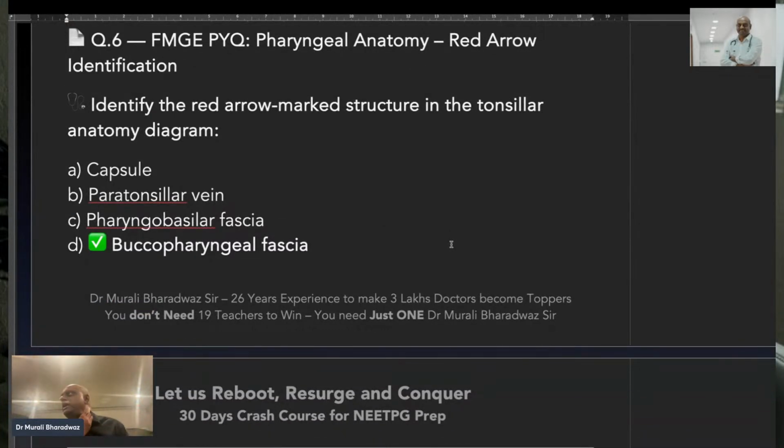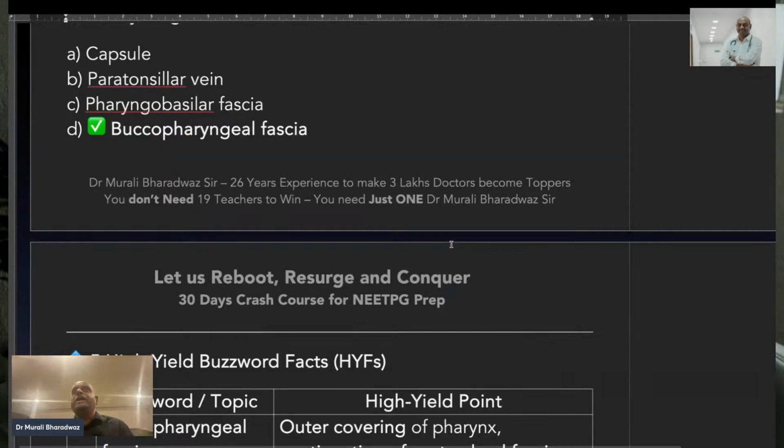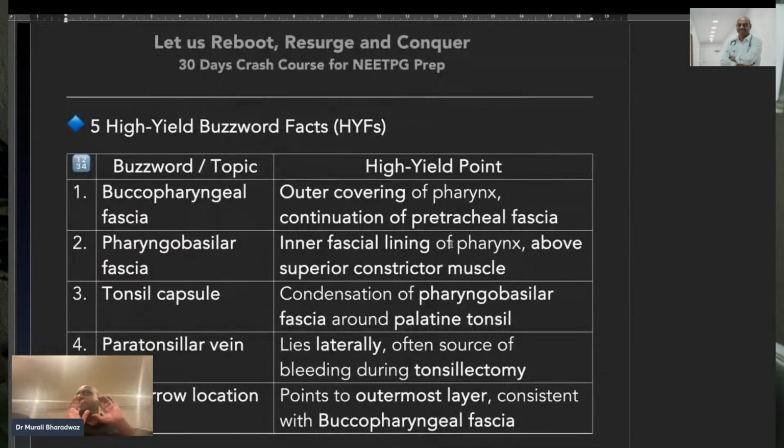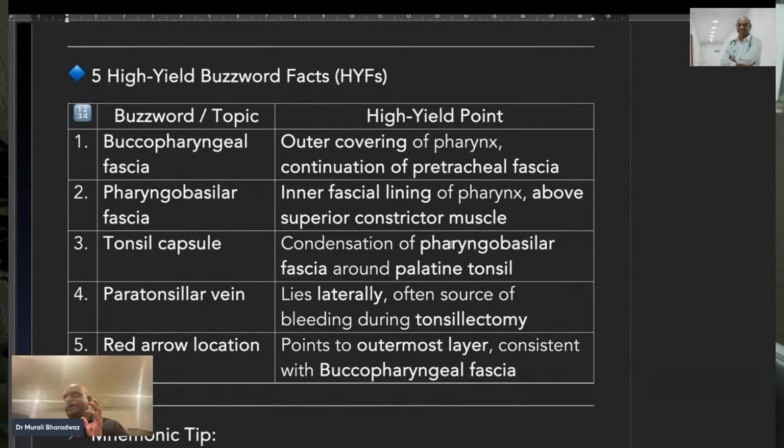In tonsillar anatomy, the tonsil is sitting and layered by the buccopharyngeal fascia. That has been shown. It is the outer covering of the pharynx and it is a continuation of the pretracheal fascia. See, the vertebra is there, and the trachea and esophagus are all going into the posterior mediastinum, just before the spine.